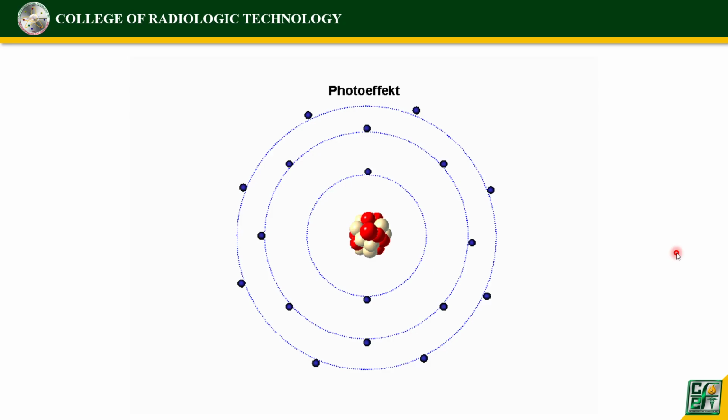Pero ang pinakita ay yung photoelectron. Okay, kung sa Compton effect, merong Compton electron. So sa photoelectric effect, merong photoelectron. And that photoelectron is the one ejected from the orbits. Okay, photoelectron ang tawag doon.